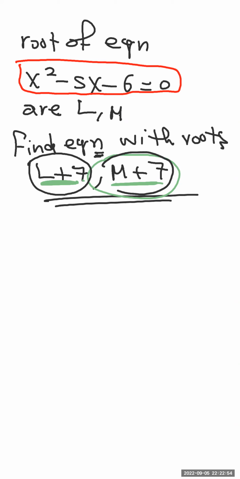This root is M plus 7. So I will assume that there is a new root, K, equal to L plus 7, and another letter, N, equal to M plus 7.